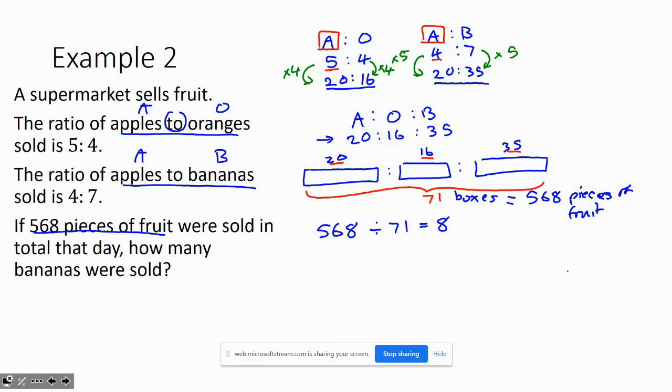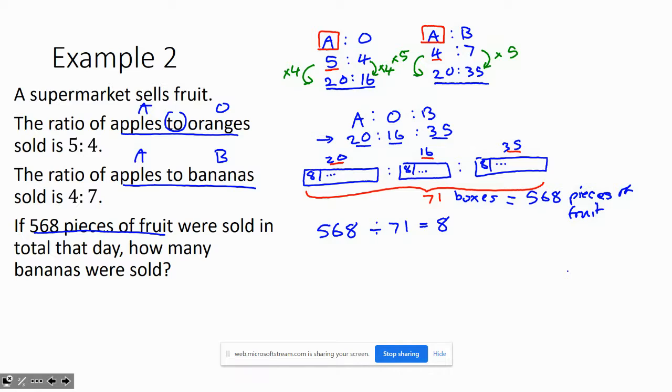That means one part, or one box, is worth 8 in every single part of this. In other words, each part in our original ratio is worth 8.